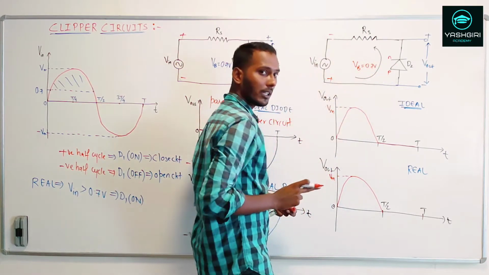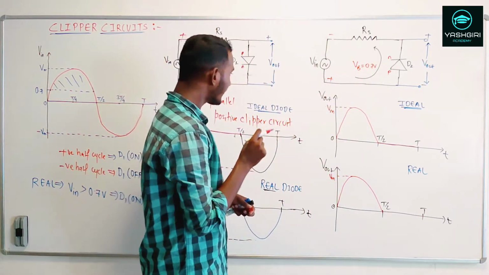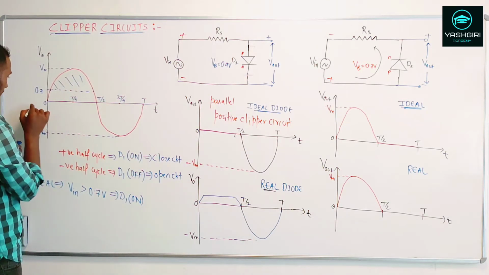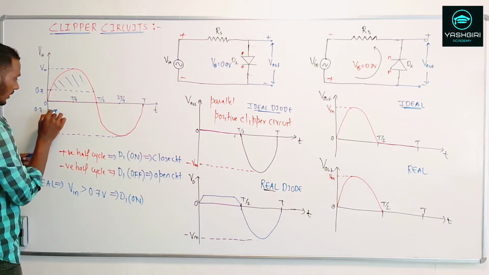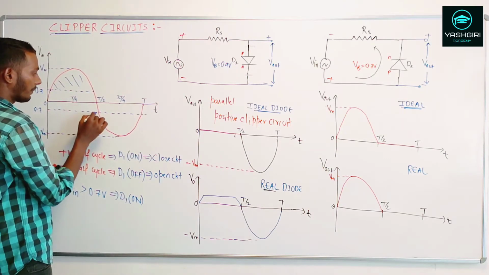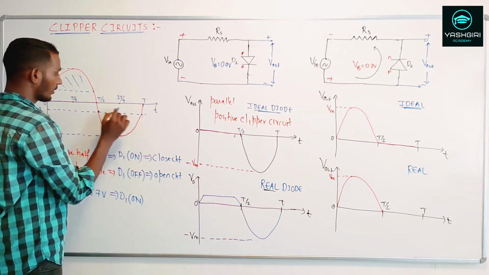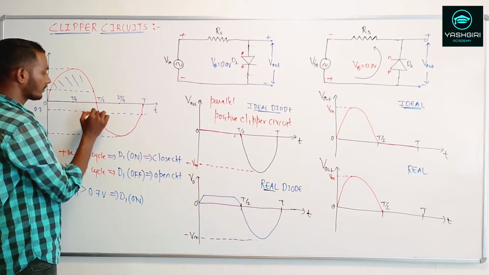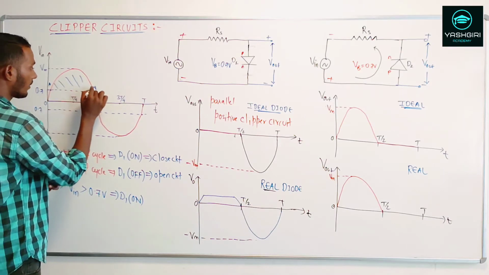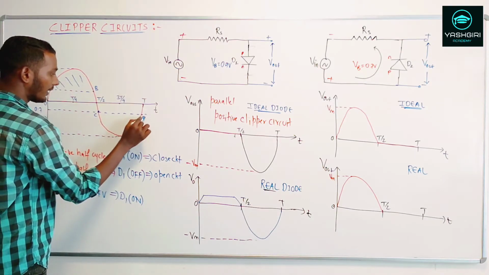It has to overcome that barrier potential. So till that time, that is for the negative section also, we are going to have 0.7 volts, and that will be somewhere here. Up till this point, from T by 2, let me mark this as point A. Let this be my A, B, C and D.